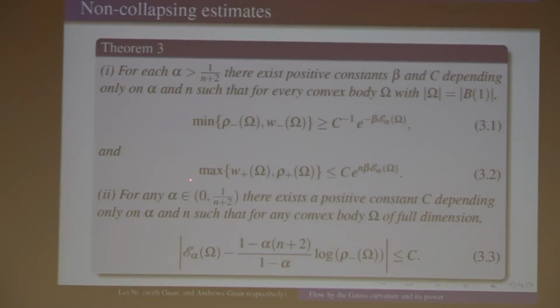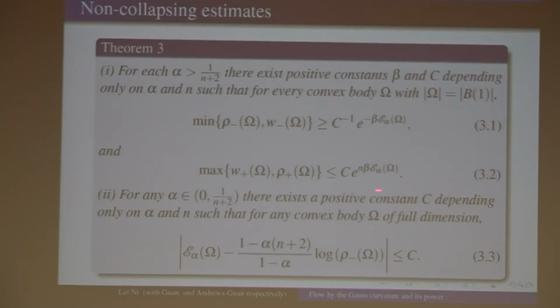Inner radius is just the biggest radius of a ball you can fit in the convex body. Also, there's W minus, the so-called minimum width. You put two parallel planes to fit the convex body, rotating the parallel planes. The narrowest gap is called the width.